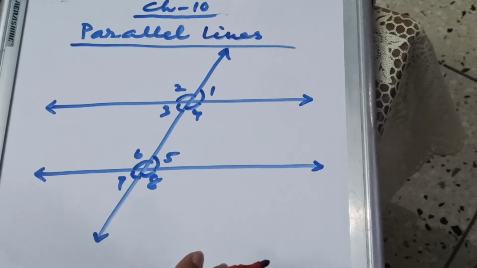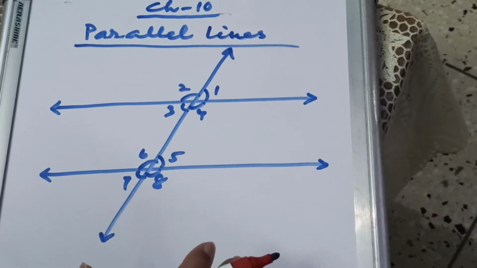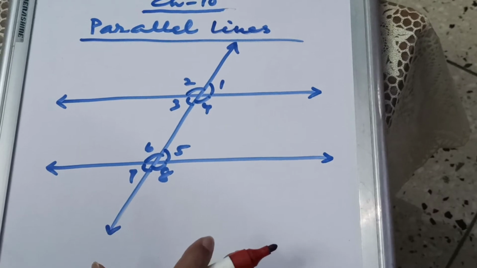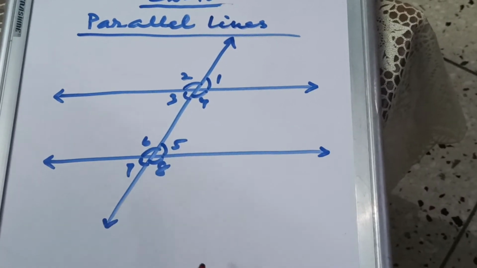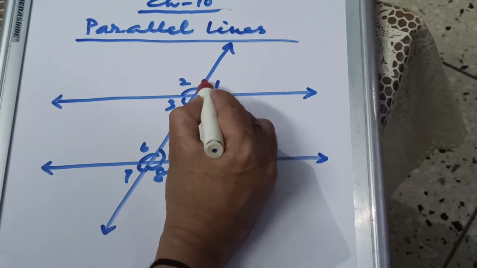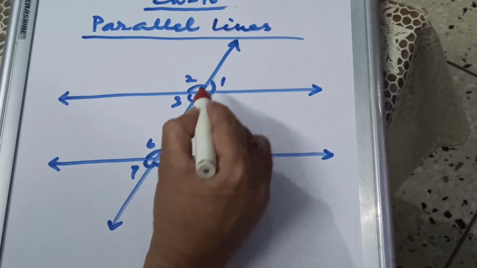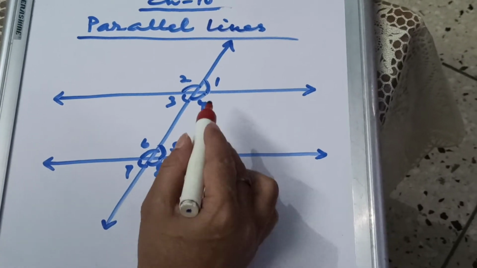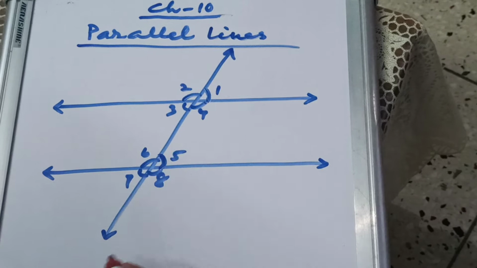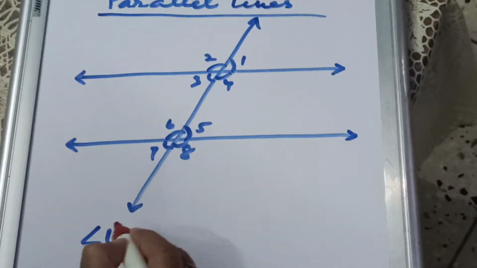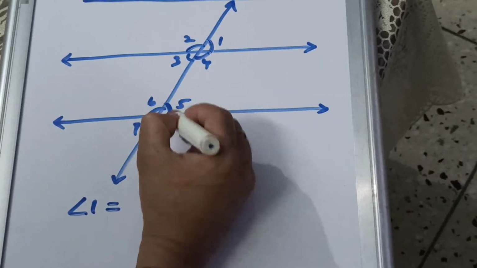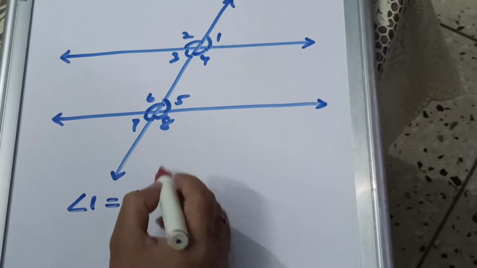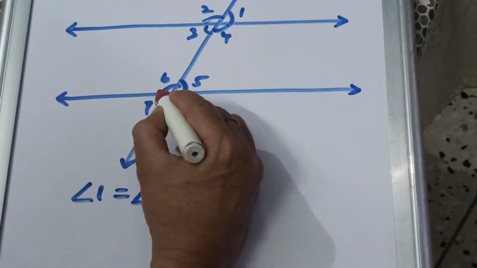Let us recall properties related to parallel lines. This angle and this angle is known as corresponding angle. Angle 1 is equal to angle 5. Angle 2 and angle 6.